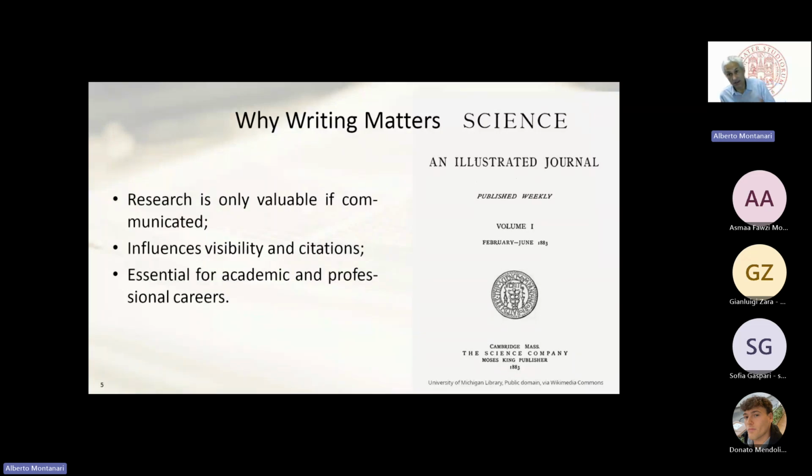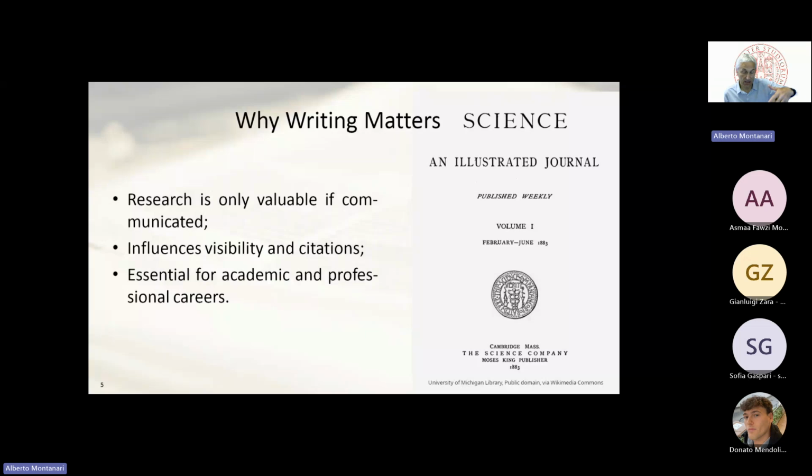And then another target is to communicate it, because if we don't communicate it, the research is not really appreciated and therefore is not evaluated. And then through communication, we get visibility for the research and for ourselves.